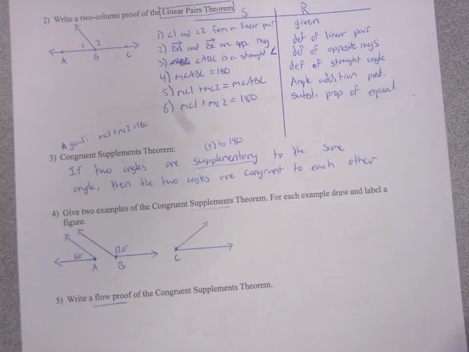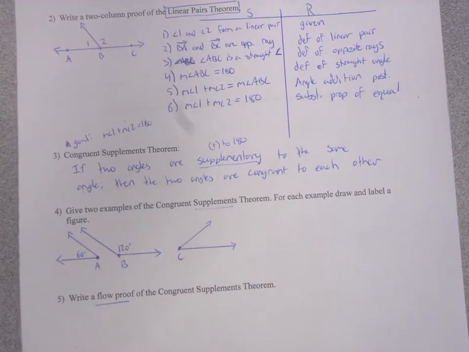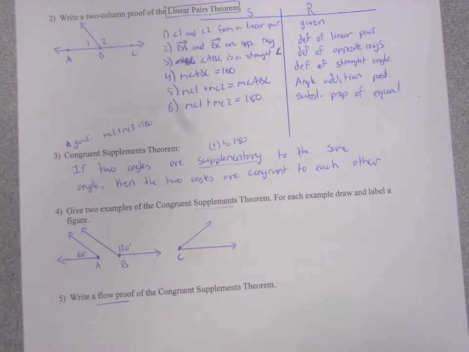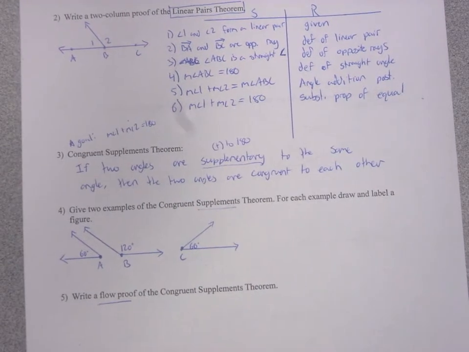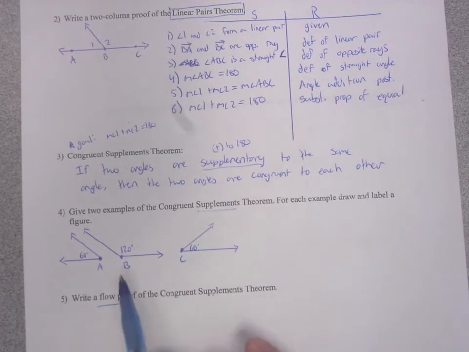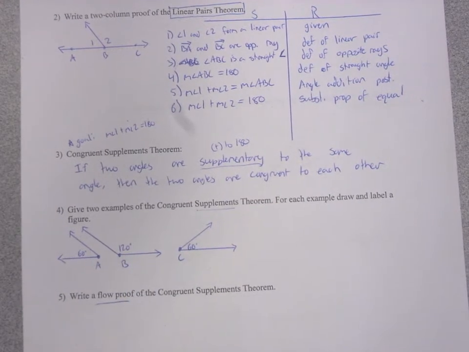Right? So angle C, if angle C is going to be supplementary to 120 degrees, it also has to add up to 180 with 120 degrees. So the only option is 60. There's only one angle measurement that you can add to 120 to get 180. So let's see what this is saying.